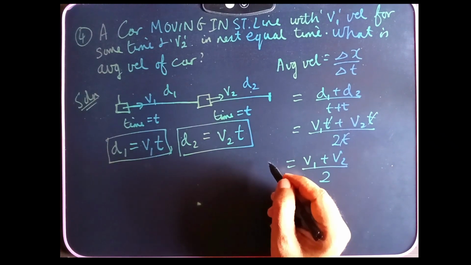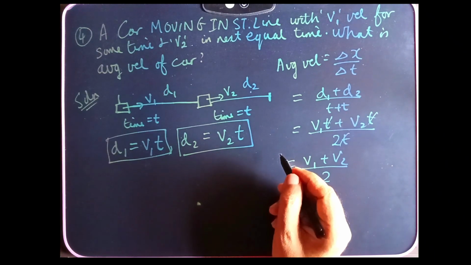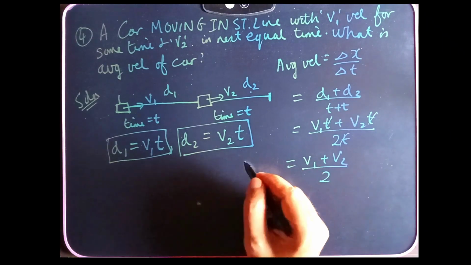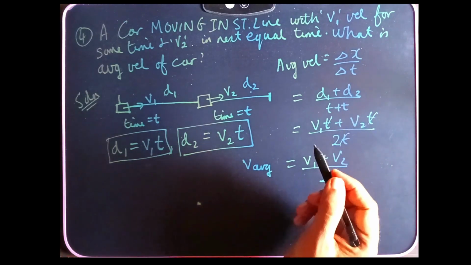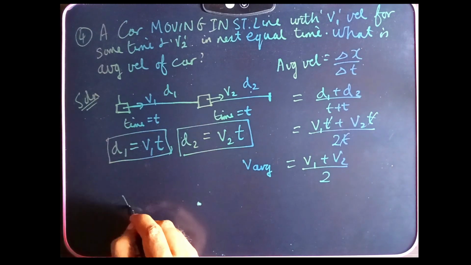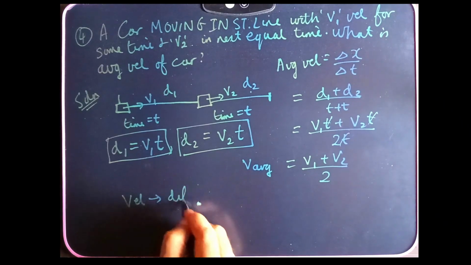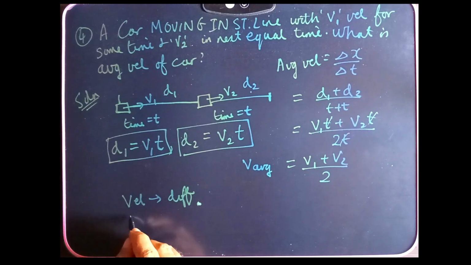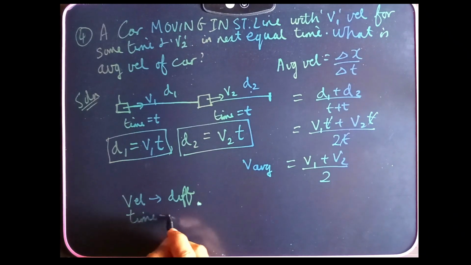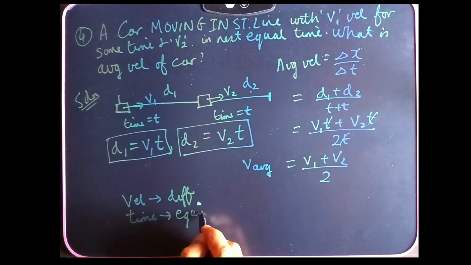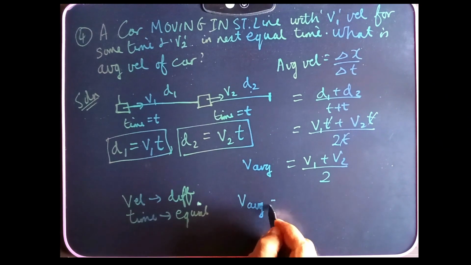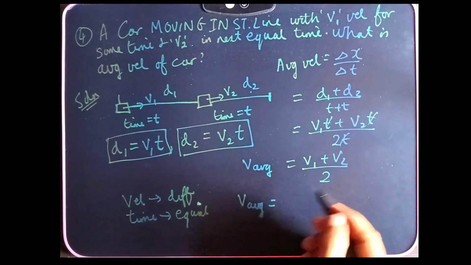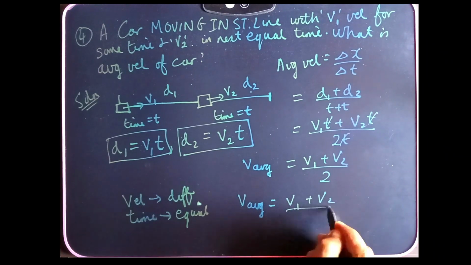It's a very interesting concept. If a particle travels with different velocities but for equal time intervals, then the average velocity is the arithmetic mean, v1 plus v2 by 2.